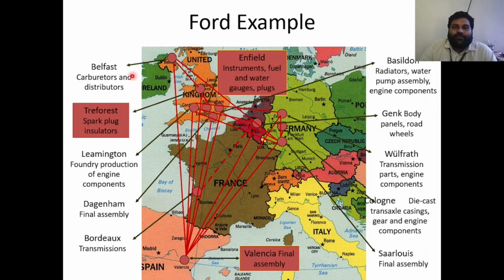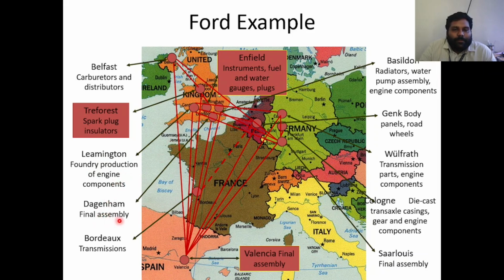Say, for example, Belfast carburetors and distributors are being transferred from Belfast, from Ireland. From the United Kingdom, Treforest spark plugs and insulators are procured from Leamington. Foundry productions of engine components.